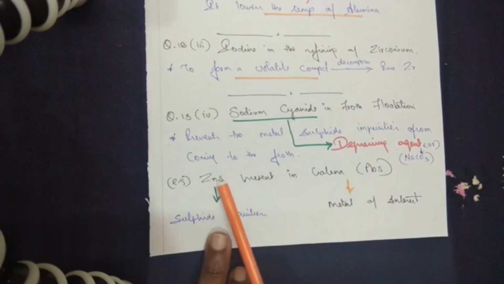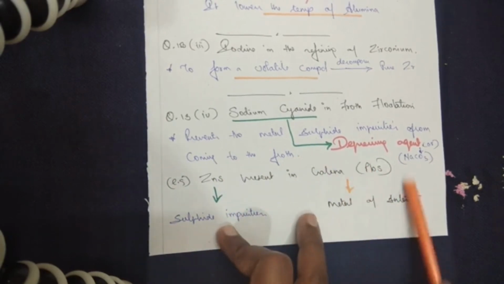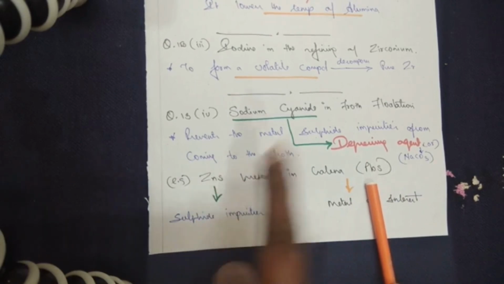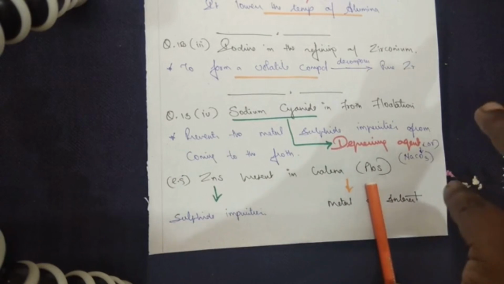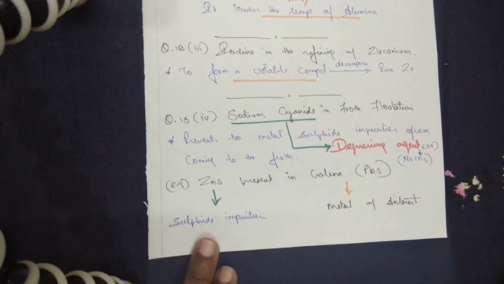Example, ZnS, that's zinc blende present in galena. Galena is my metal of interest, so this is considered an impurity. The sulfide in this impurity shouldn't go to the froth formation, so it should get out with the gangue particles. It's because of that sodium cyanide is added.